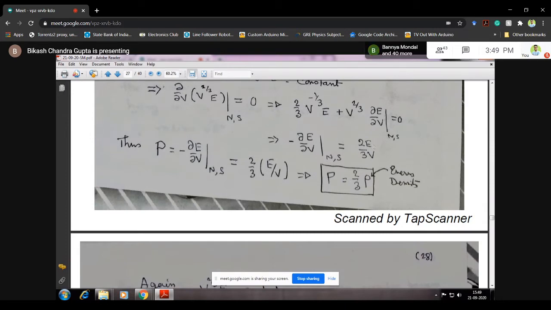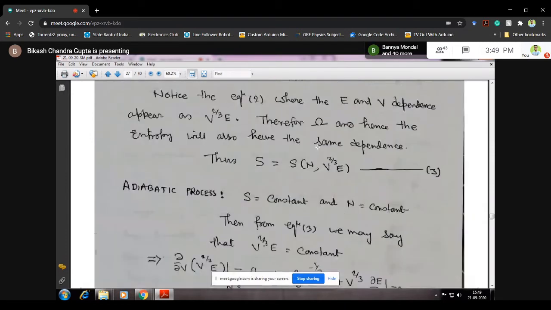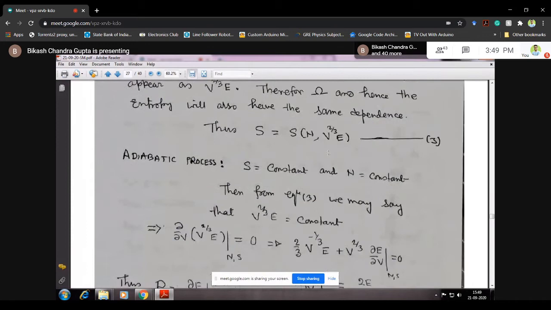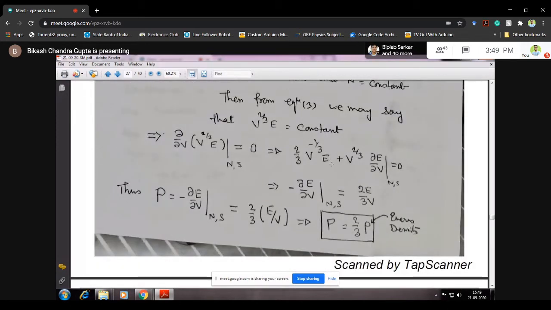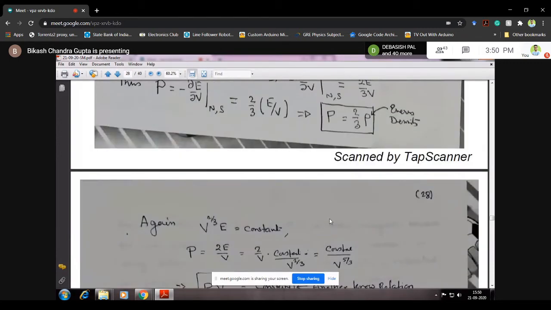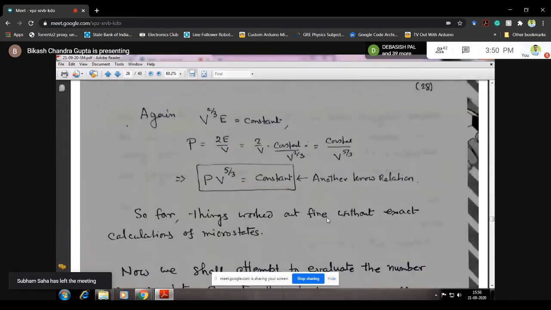So see, again from the microstate approach, from the statistical approach, we reproduce the existing result, that the pressure of a gas is 2/3 of the energy density. Now again, carry on.